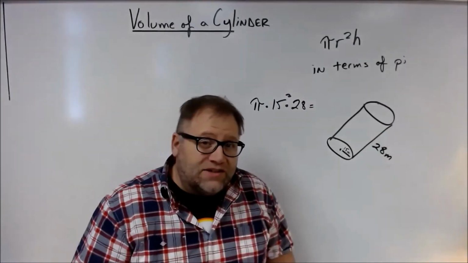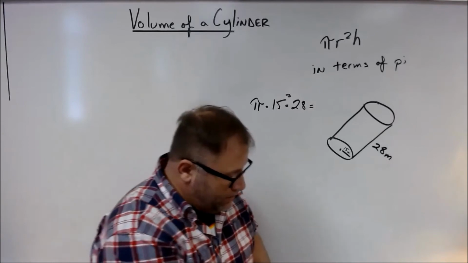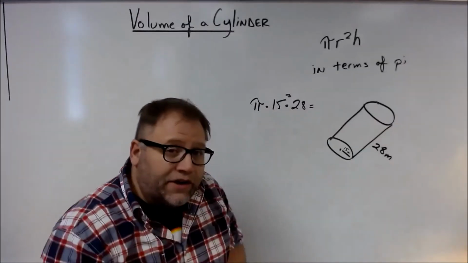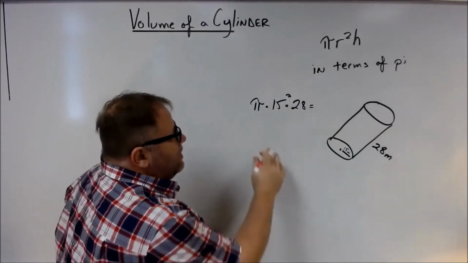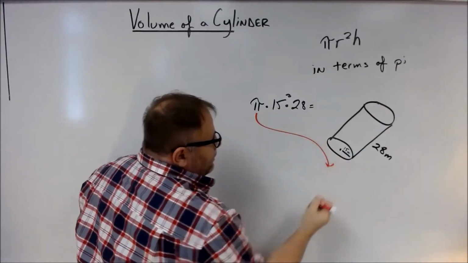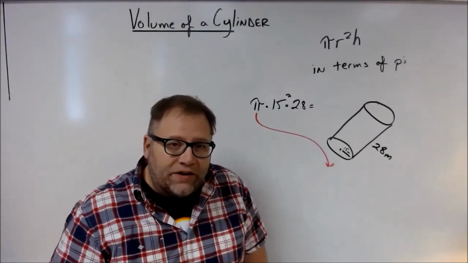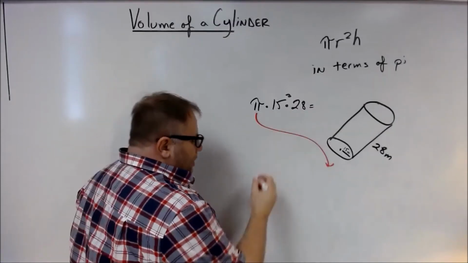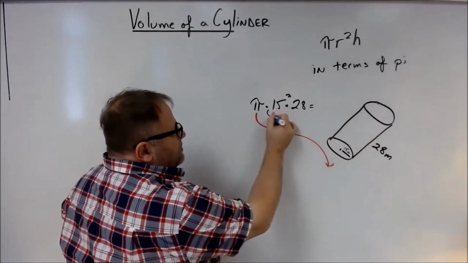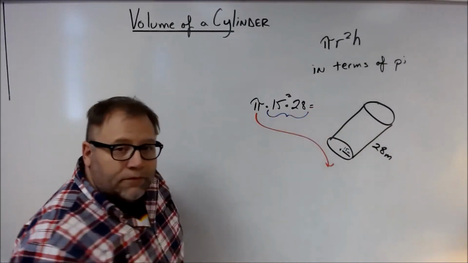Now in this case, when I put this in my calculator, this is going to be in my answer, so I'm not going to put pi in the calculator. The only part that I'm going to put in the calculator is going to be this. Okay?